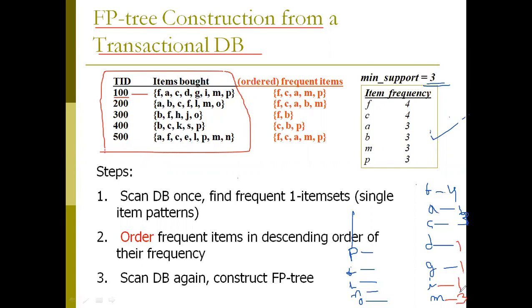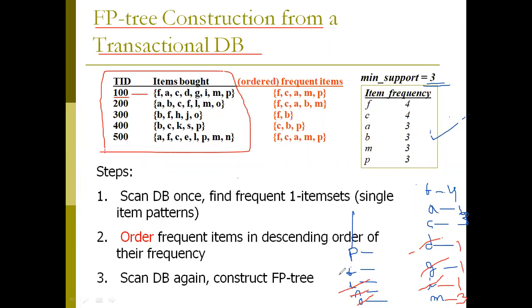Item sets that are less than 3, remove them all. Which means D, G, I, and so on. Even N, O, like L is repeated 2 times.